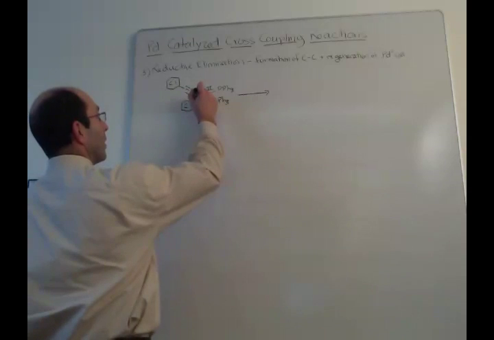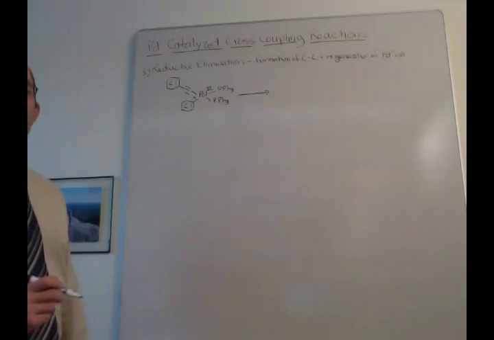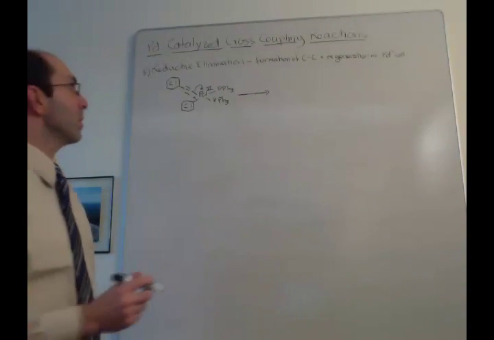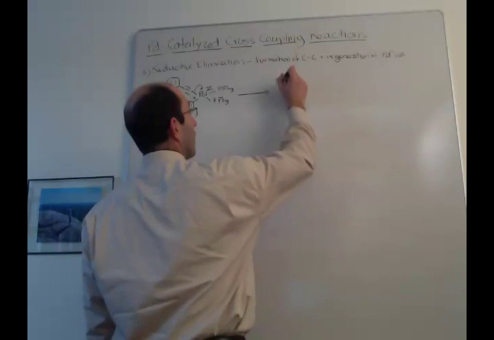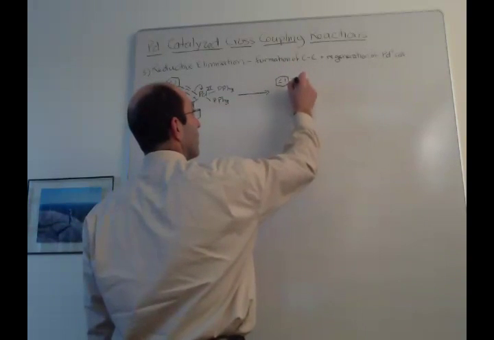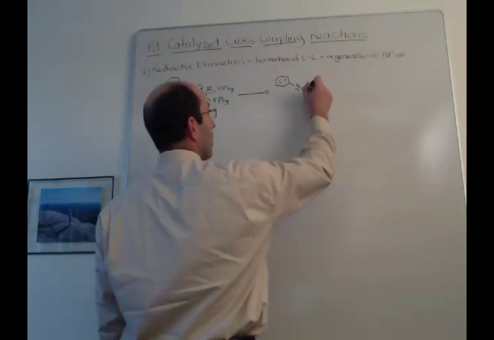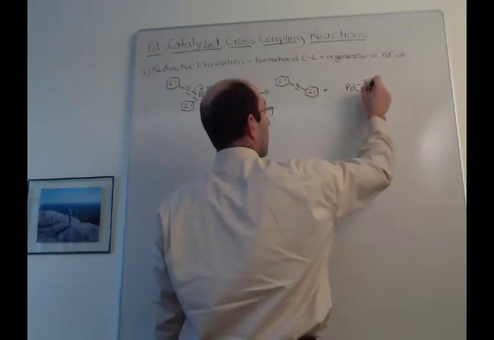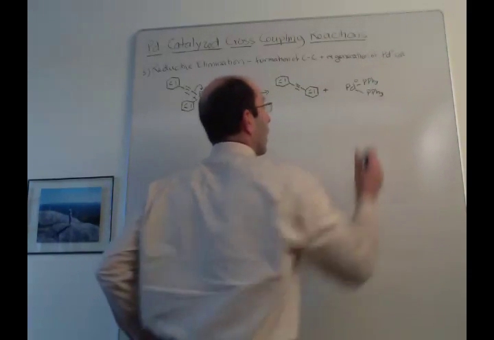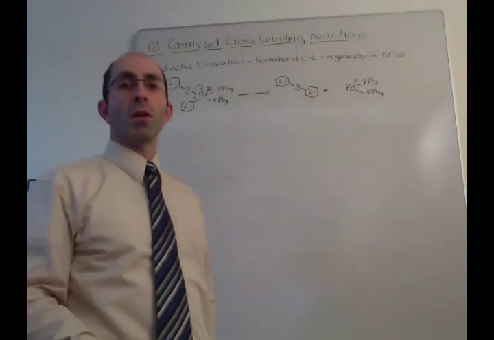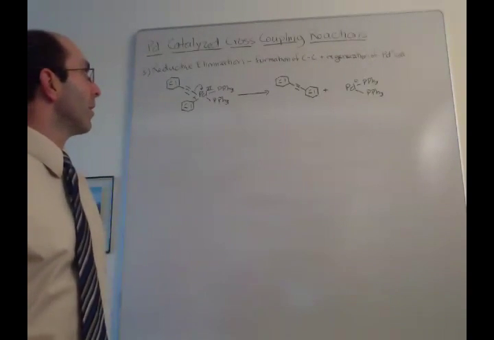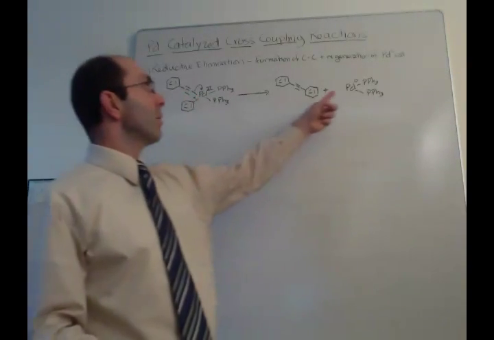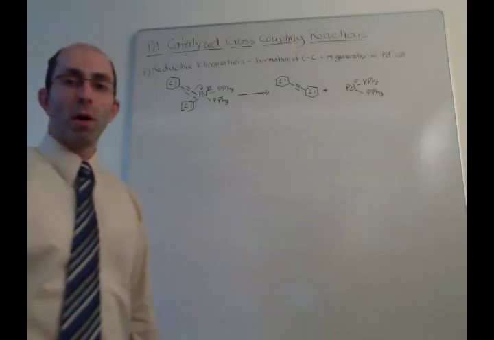We could imagine electrons flowing to make that bond, and then electrons from that bond going on to palladium. So palladium is being reduced, and we generate the carbon-carbon bond that we want, plus our palladium 0 catalyst that we're going to use to do another cycle in the catalytic cycle. Again, in this reaction, palladium 2 has gained 2 electrons and been reduced to palladium 0, and we formed the carbon-carbon bond that we want.